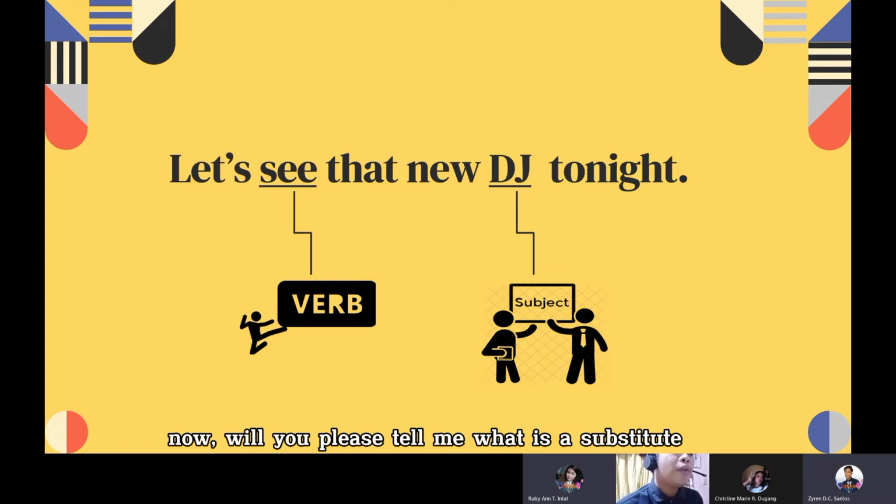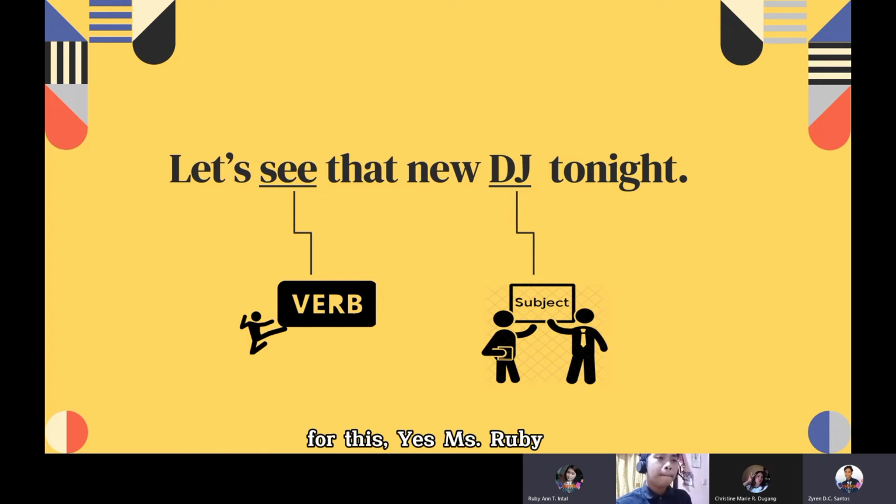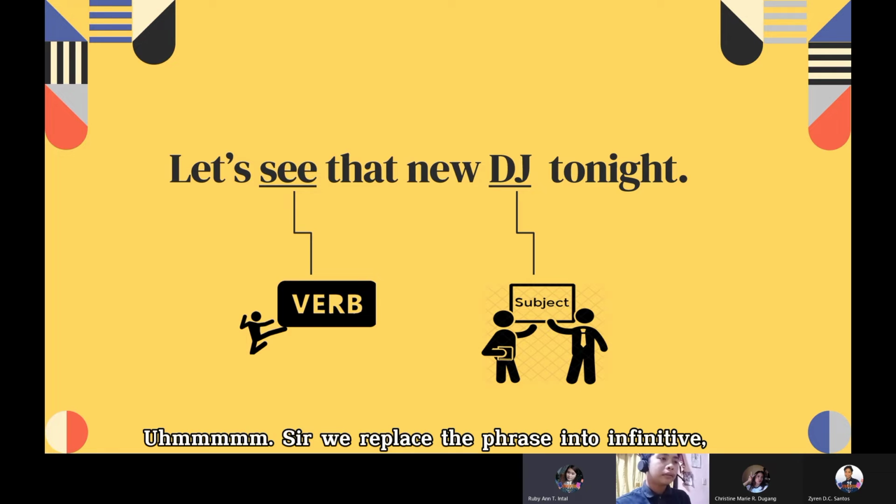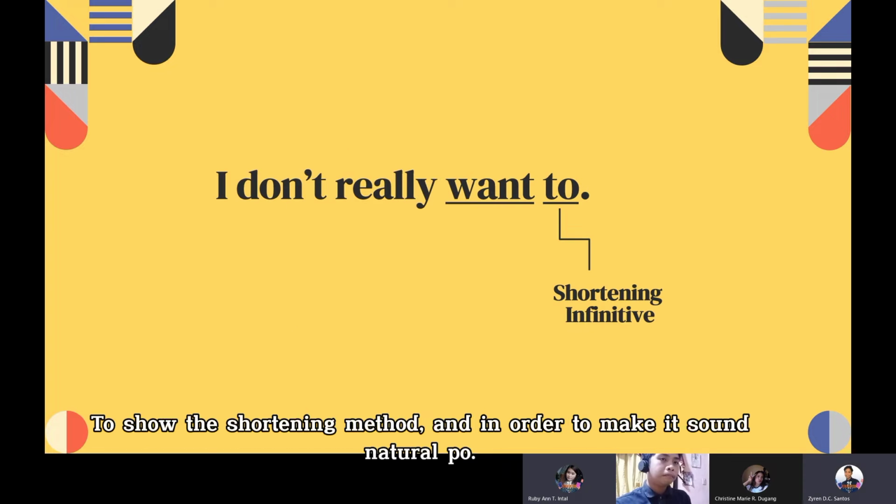Now, will you please tell me what is a substitute phrase for seeing the DJ tonight? What do you think is our substitute infinitive for this? Yes, Miss Ruby. Sir, we replace the phrase with an infinitive to show the shortening method and in order to make it sound natural.